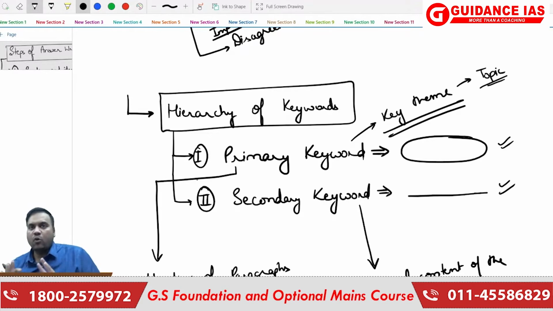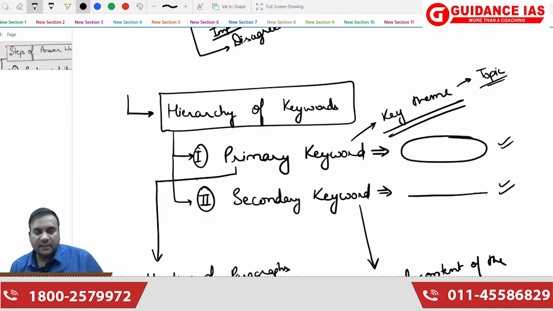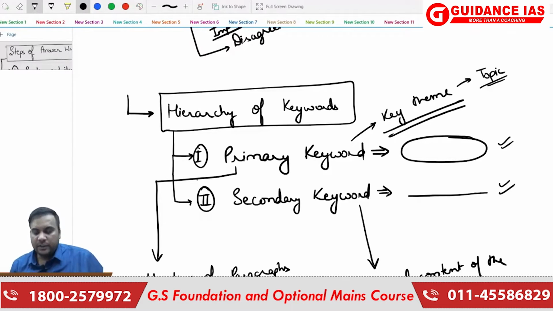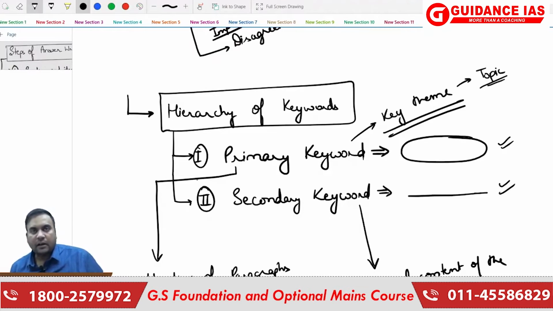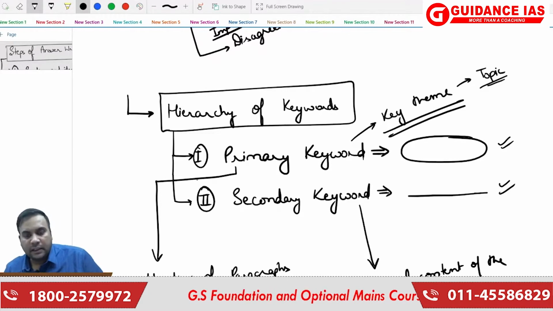But there are some common secondary keywords which we have to take into account while we are writing about the key theme.